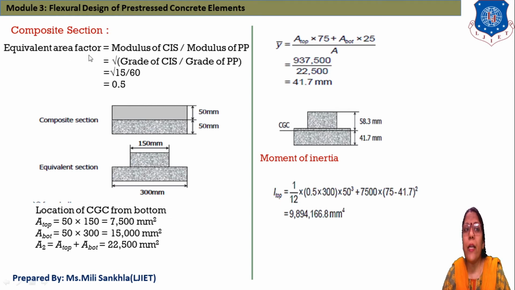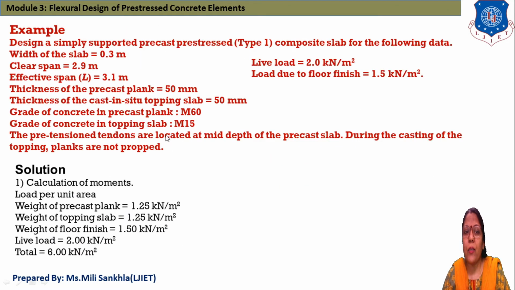Now the equivalent area factor for the composite section is equal to the modulus of CIS divided by the modulus of the precast plank, that means the square root of grade of CIS divided by grade of precast plank. This grade of CIS, given as 15, divided by the grade of precast plank, 60, is given in the data.